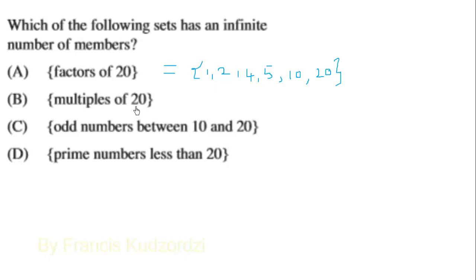Multiples of 20, we start with 20, then we get 40, multiplied by the counting numbers, then we get 60, and so on and so on.